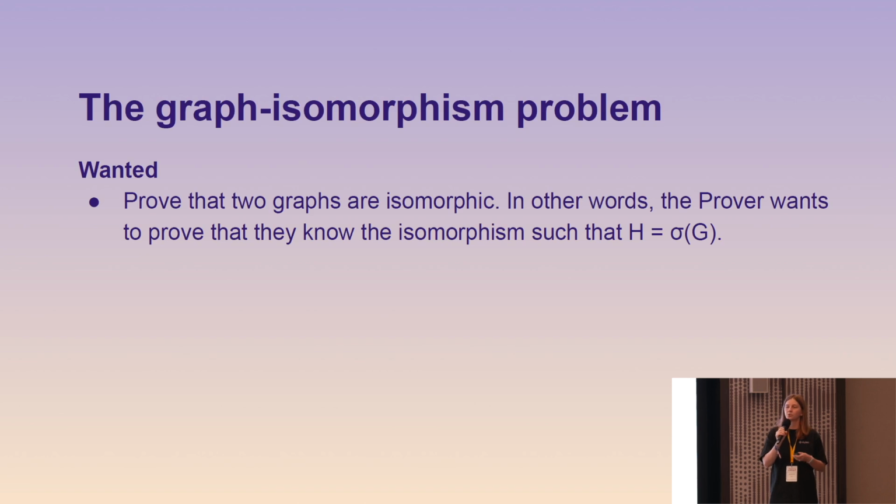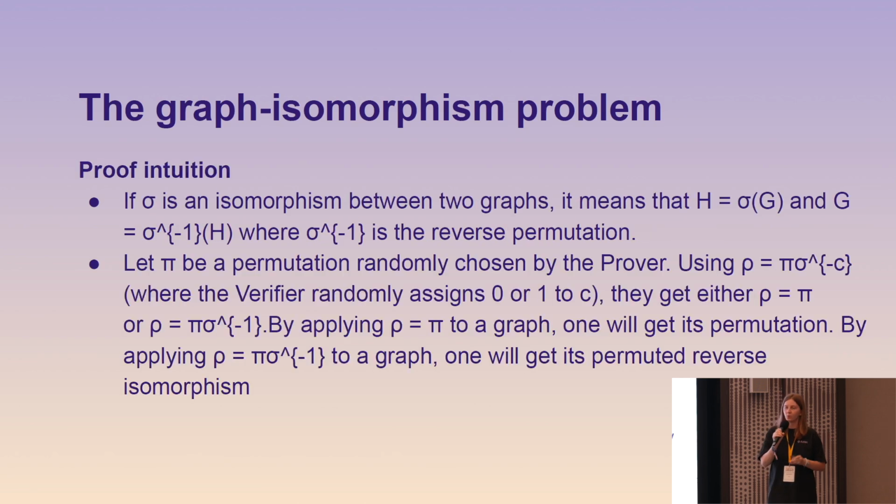The prover wants to prove that they know the isomorphism sigma such that H equals sigma G. This will be a bit trickier, but we will handle it. So the proof intuition: if sigma is an isomorphism between two graphs, it means that H equals sigma G and G equals the reverse permutation of H. Let P be a permutation randomly chosen by the prover.